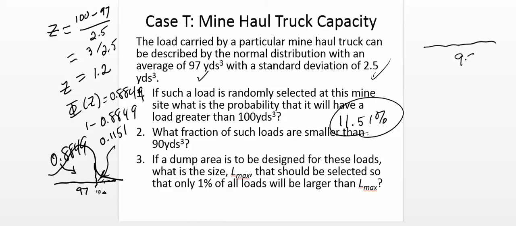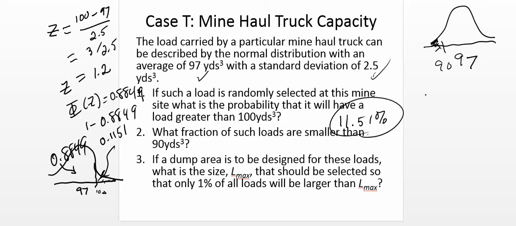I've got an average of 97, and the hump looks like that. Now I'm asked what fraction are smaller than 90. Again, it's some small chunk.